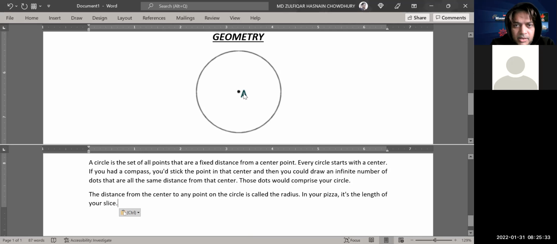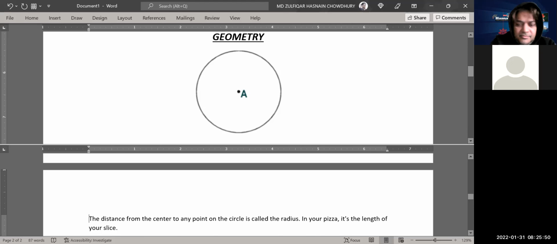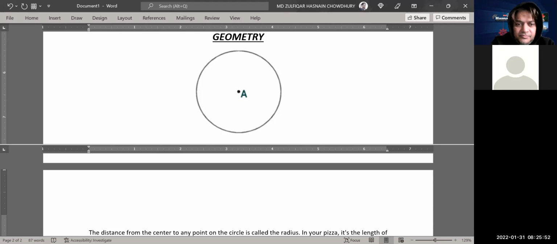Now, if you want to consider the distance from the center to any point of the circle and draw a line, we call it the radius. So what is the radius?